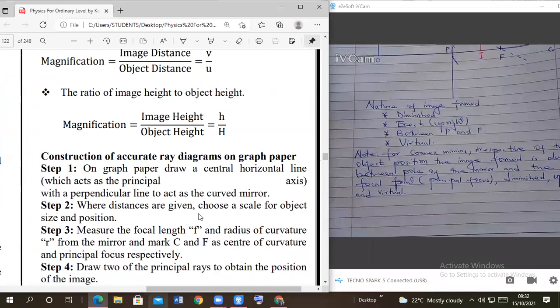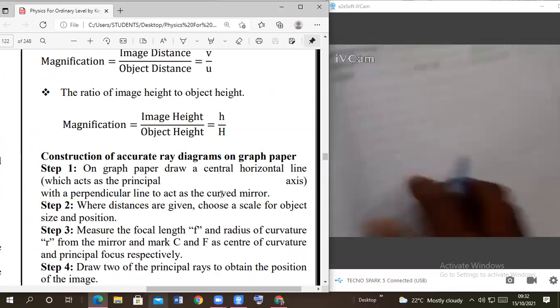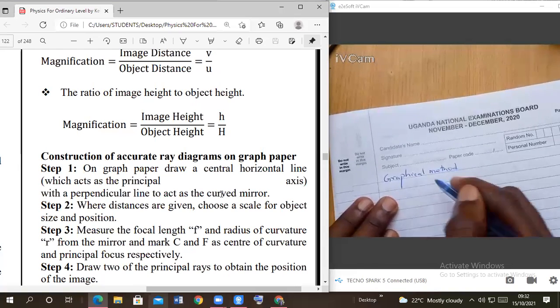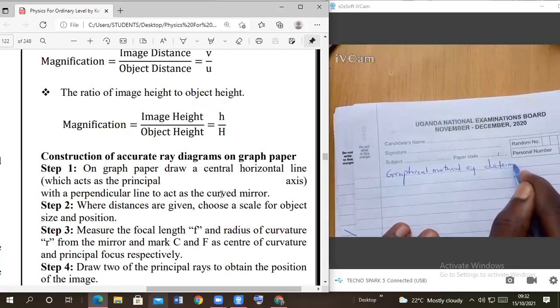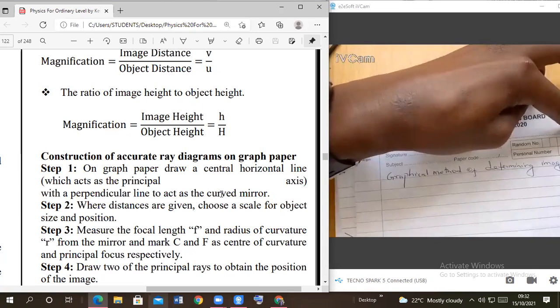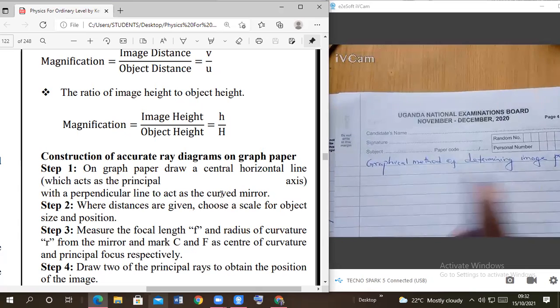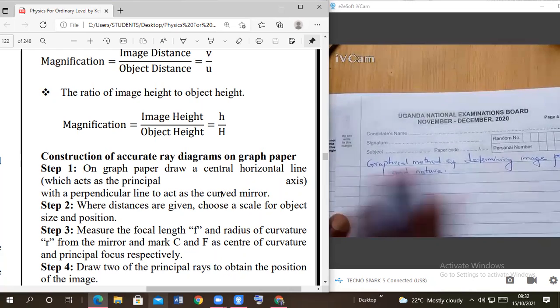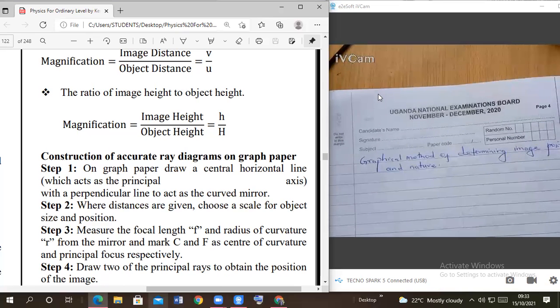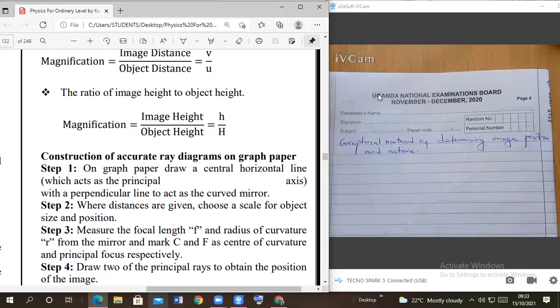Subheading: Graphical method of determining image position and nature. Full stop.